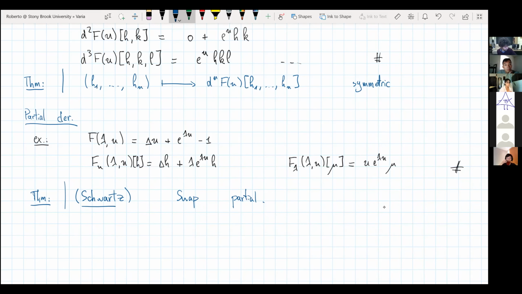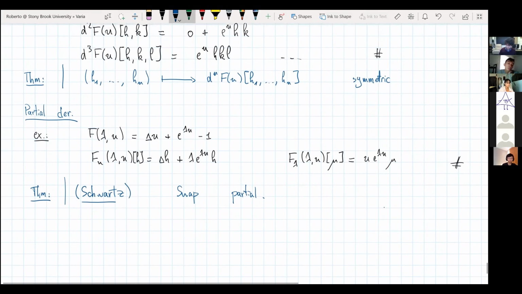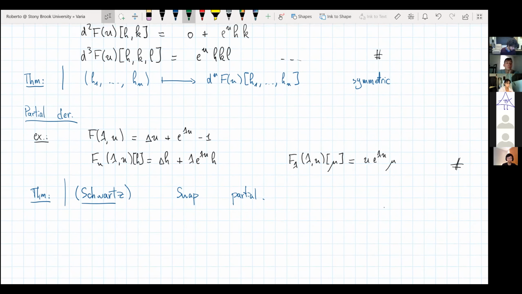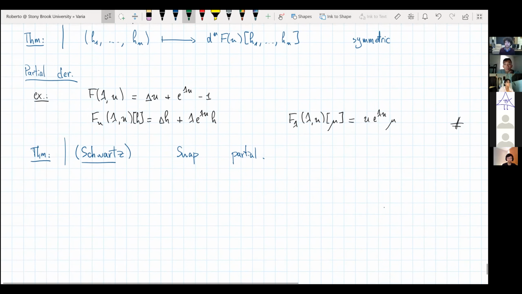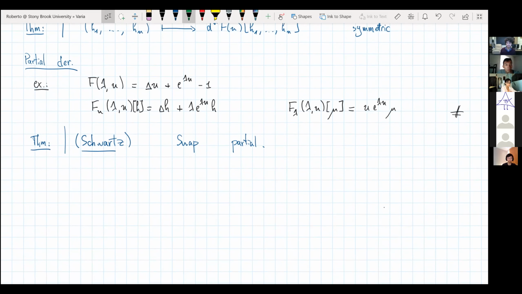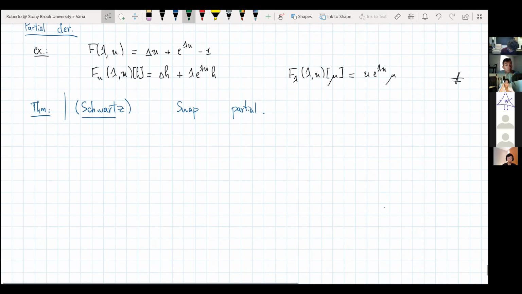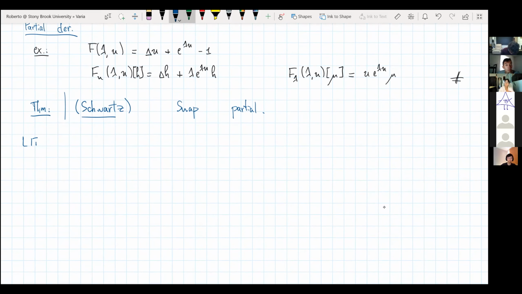Okay, so now finally, if there is no question, to the local inversion theorem and implicit function theorem. So everyone's good? Okay, so local inversion theorem and implicit function theorem. First we might define this set.